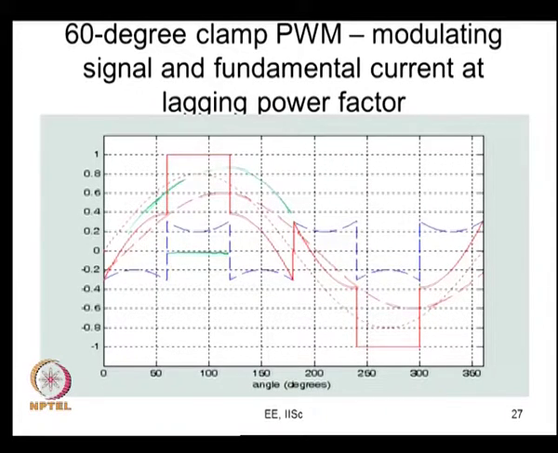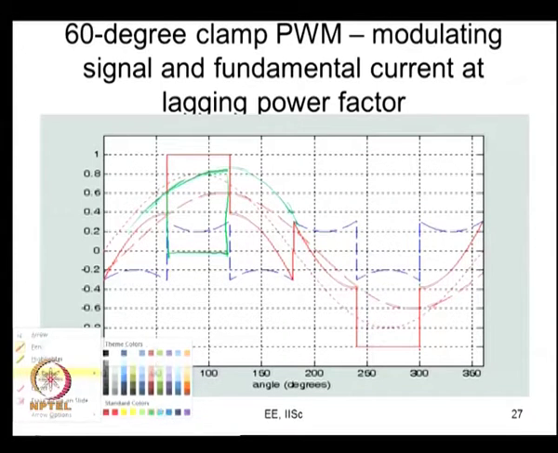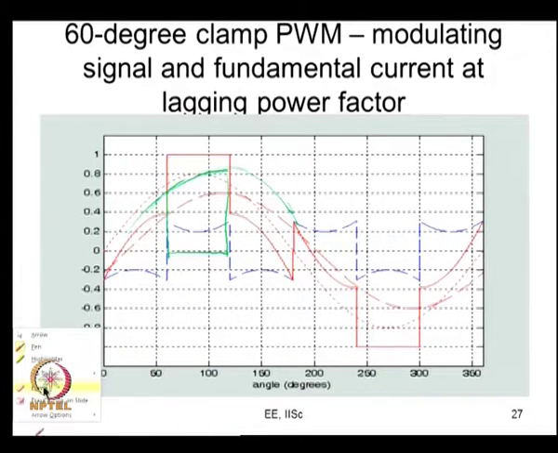The loss would have actually been like this, but now what happens to that? During this region your loss is reduced. Let me draw this with a different color, let us say here. What should have been so much is now reduced here. So, you get a certain amount of savings in the switching energy.